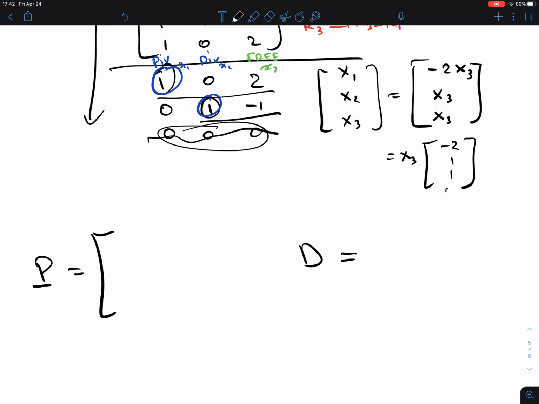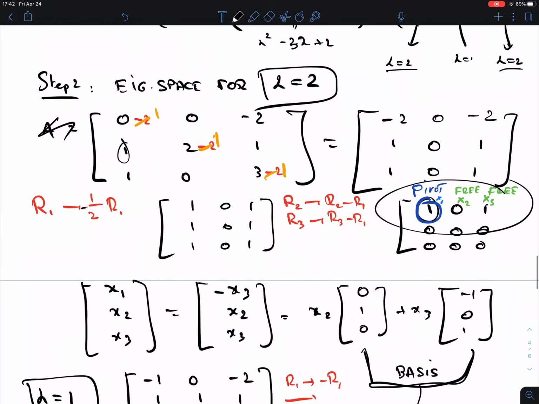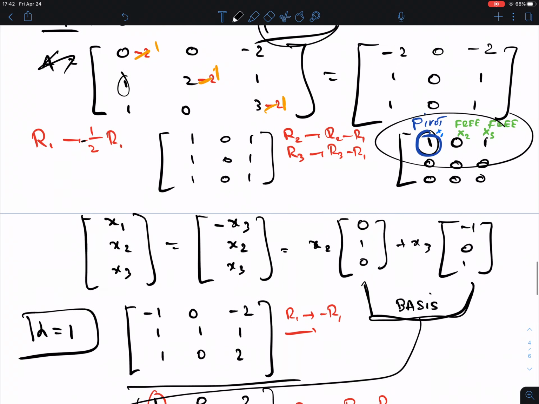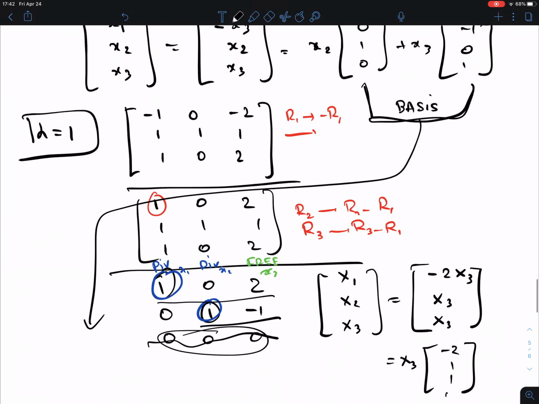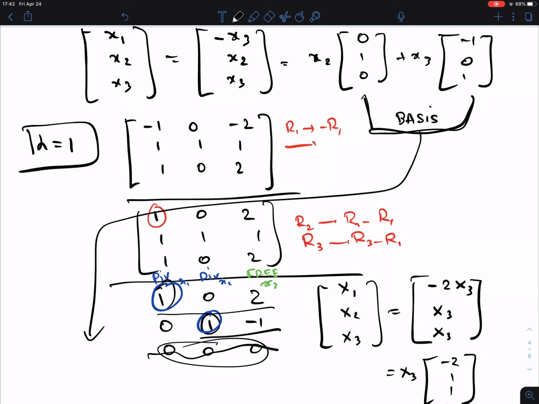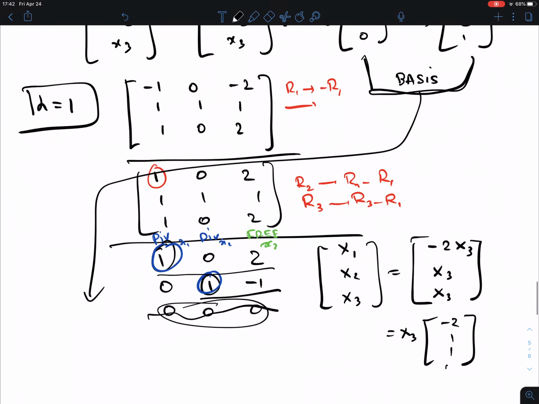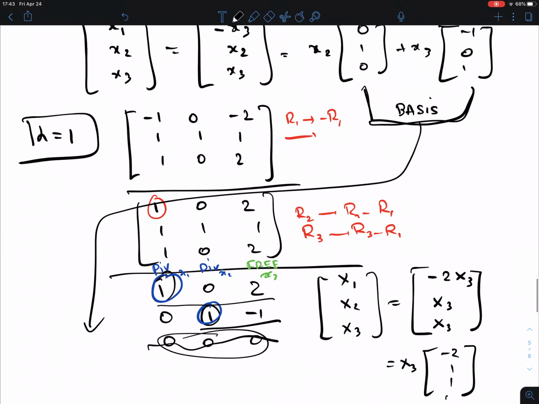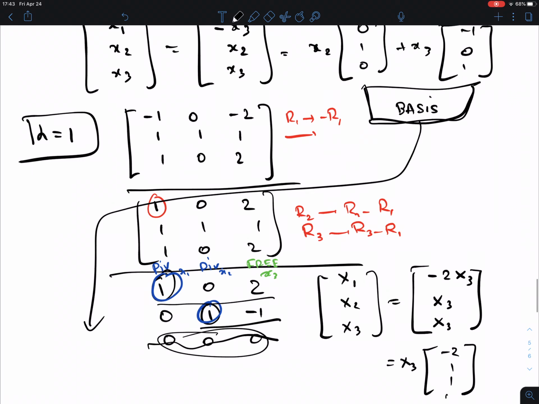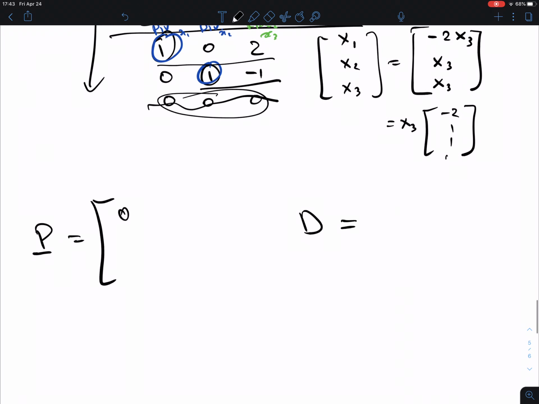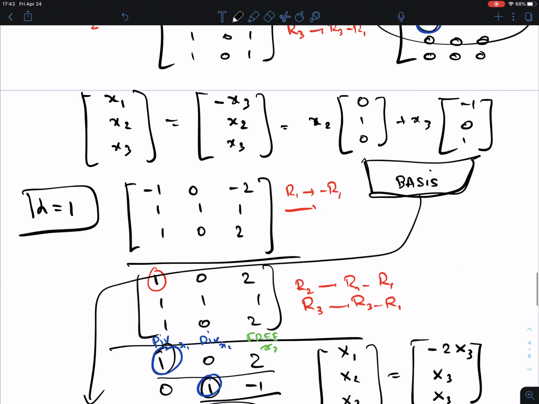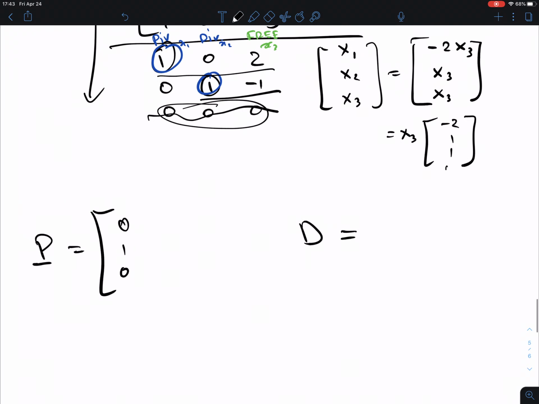How do I build P? I take the basis vectors for the eigenspace corresponding to lambda equals 2. And that was here 0, 1, 0, and minus 1, 0, 1. And that means this was 2.